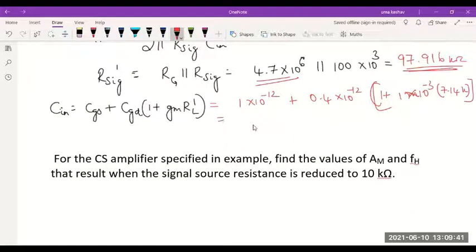Anybody? .396 picofarad. Again, different answers I'm getting. 4.26 picofarad. Which is the right answer?